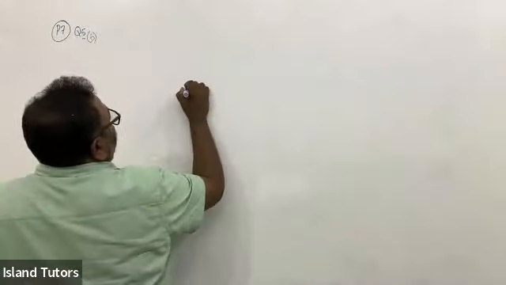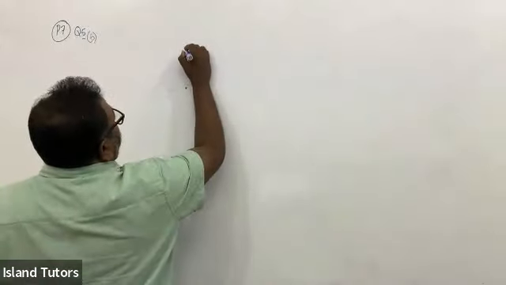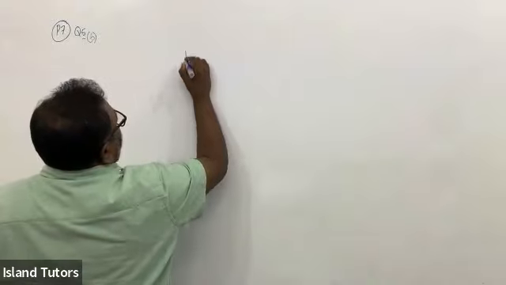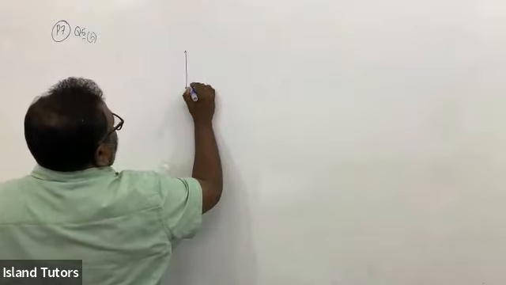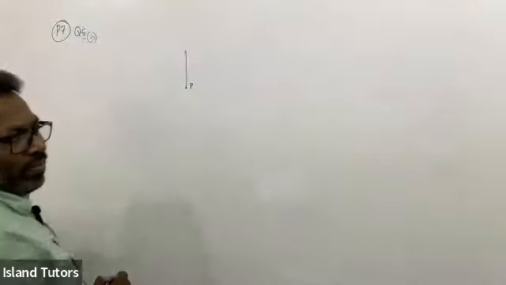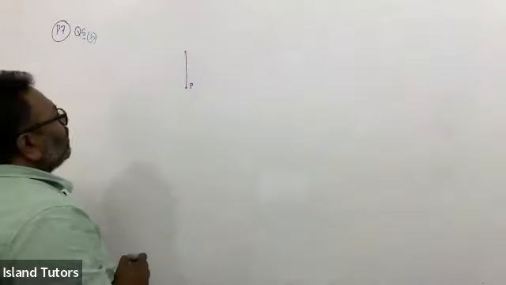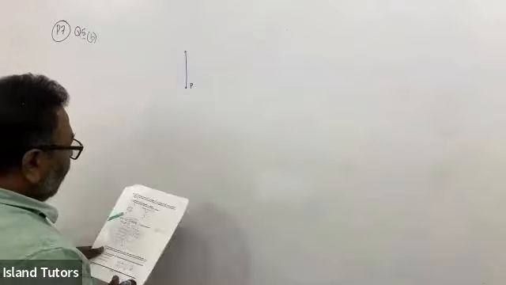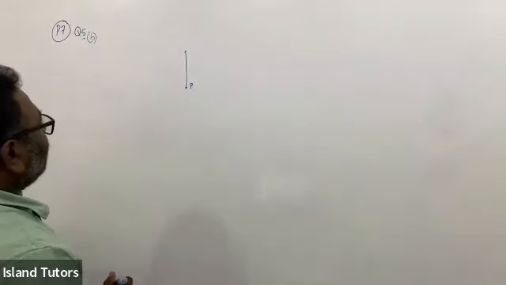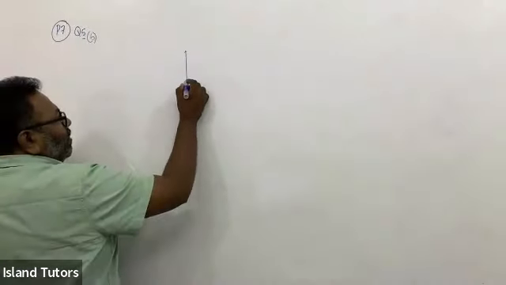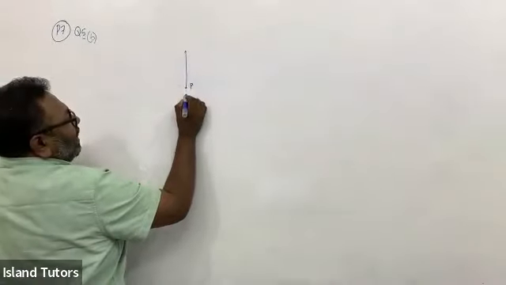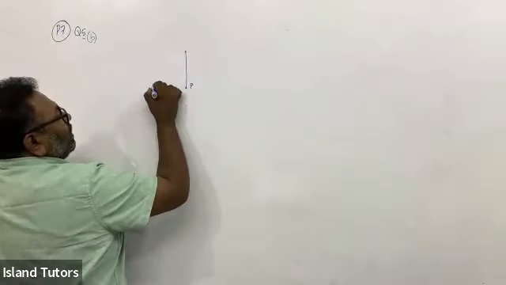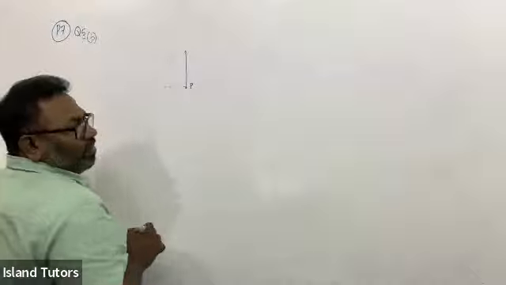Okay, so we say this is P. And they are traveling on a bearing of 300 degrees. That means we know this is 180, this is 270.